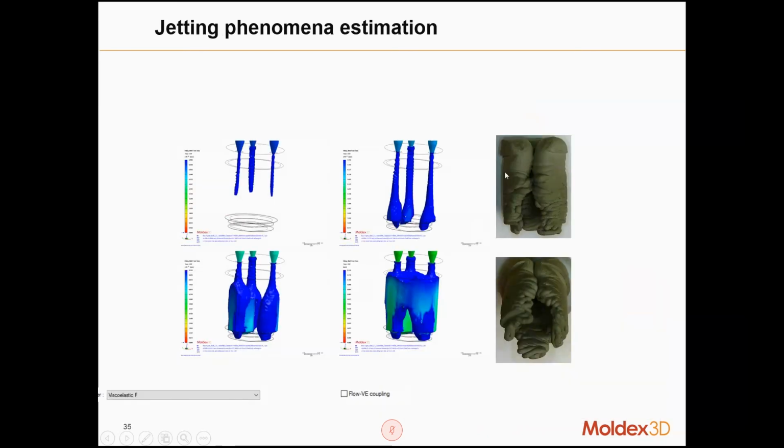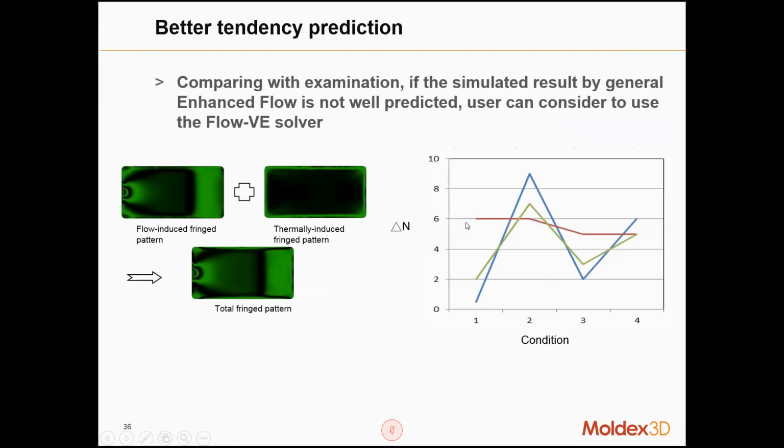Let's see, this is a real case. You can see this is a buckling result, but once I saw these jetting issues, I have to redesign either the part or the mold, or maybe modify the process. It's not necessary for me to see this kind of buckling result. Also, with the VE flow solver, the prediction for the optical part has a better result.